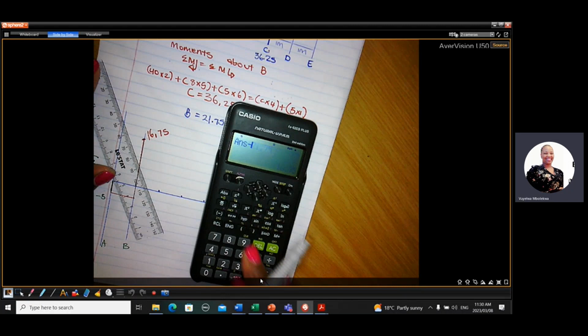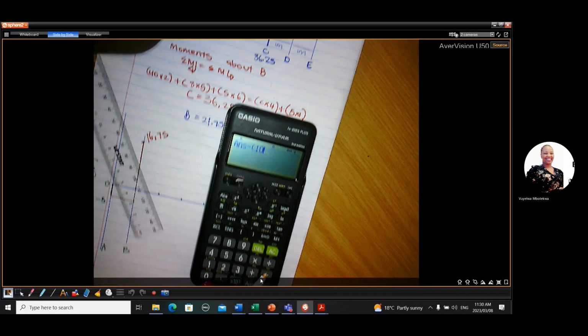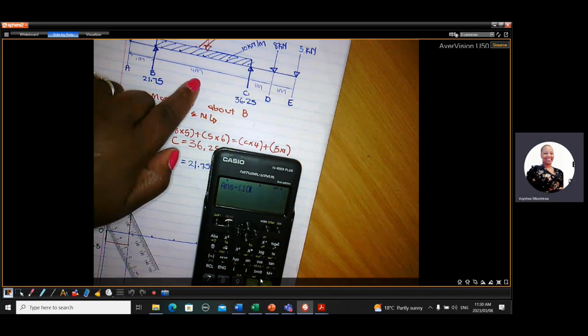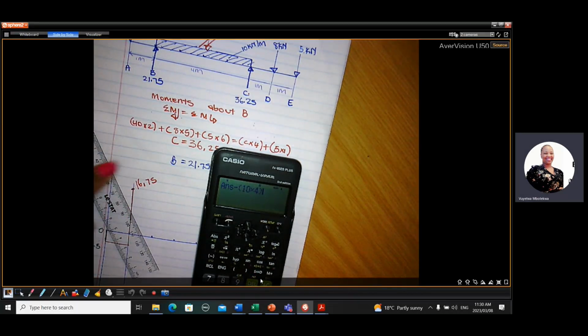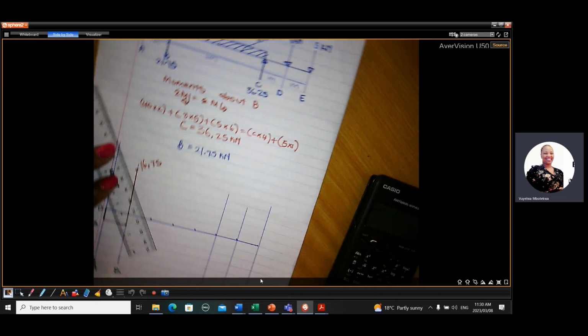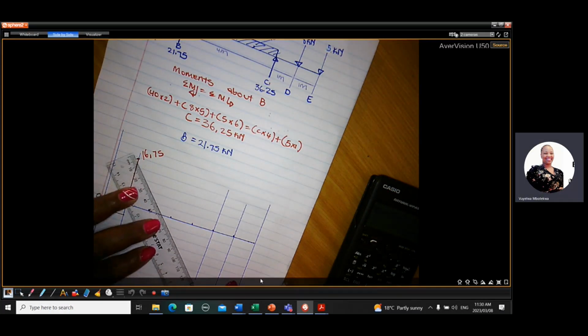We subtract the UDL of 10 covering 4 meters. So it puts us at minus 23.25. So we come down here to minus 23.25. Minus 23 is quite down.